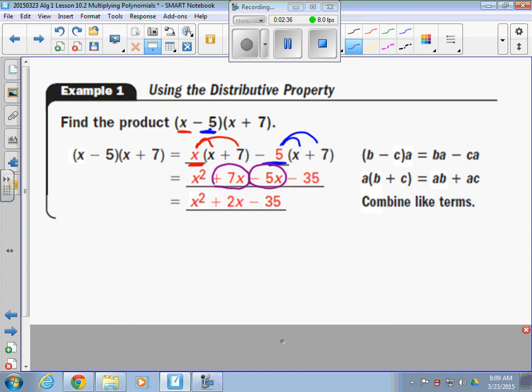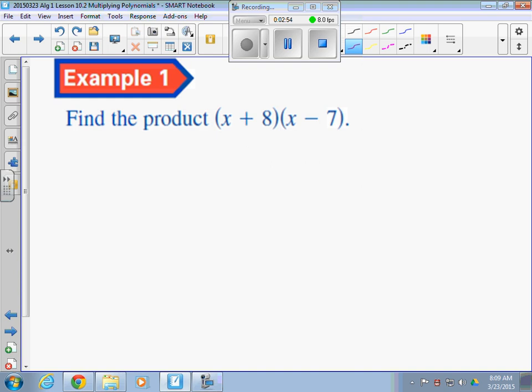And again, all that was different about this is it's a binomial. It's not only x, but it's x minus 5. So you multiply x times the second one and -5 times the second one. Let's do the same thing. Follow the same method on this next one on the back. Find the product of x plus 7 times x minus 7.